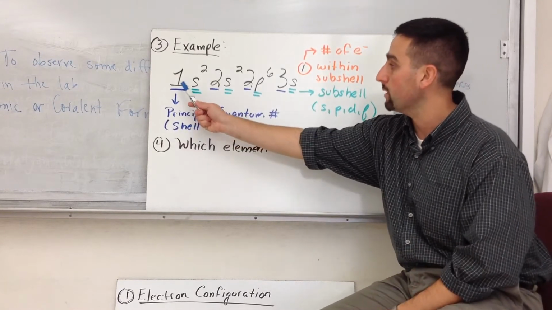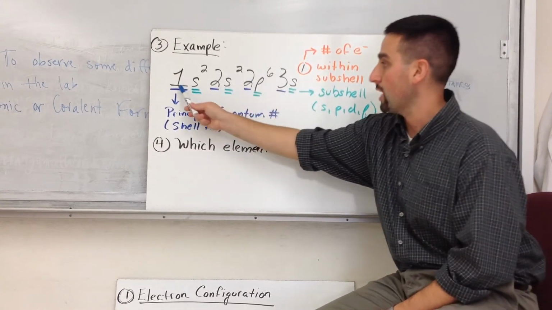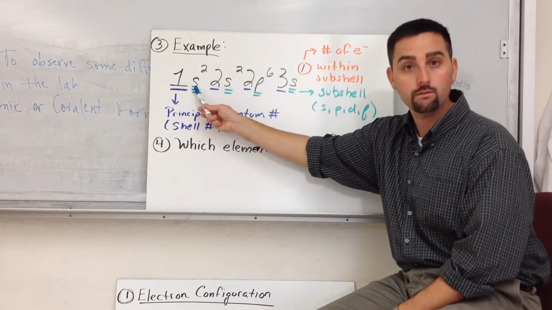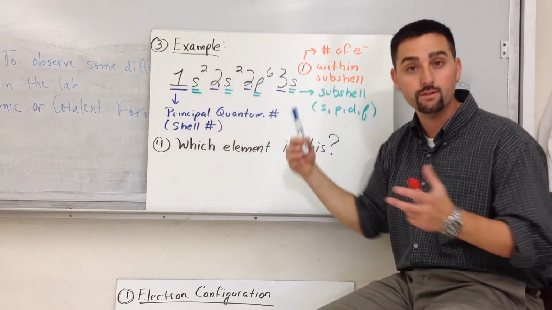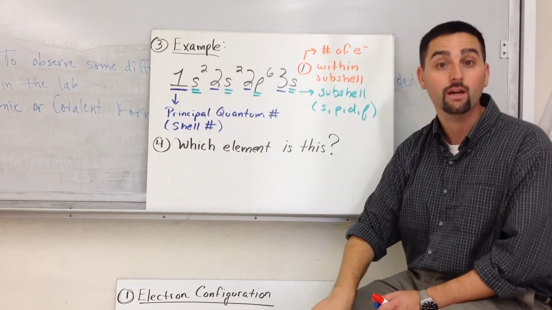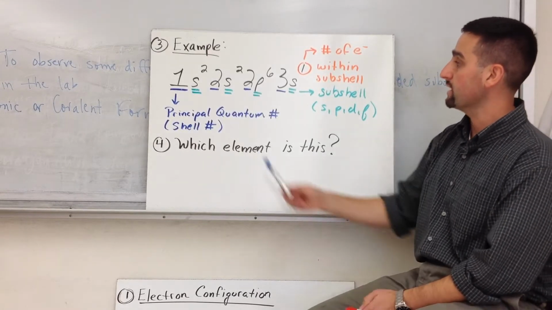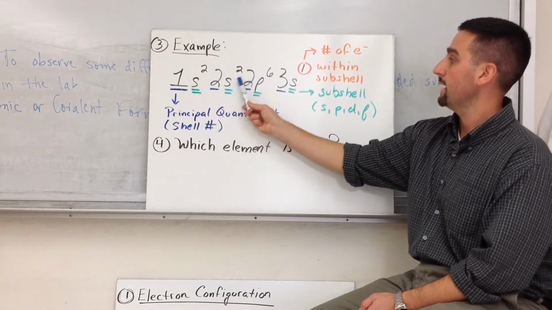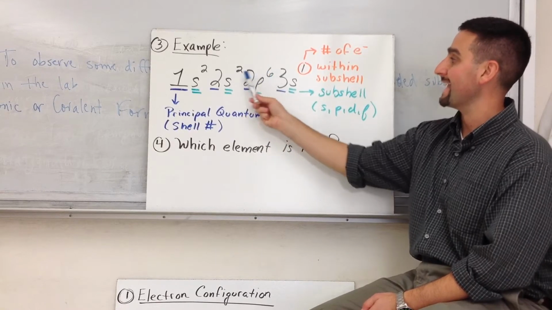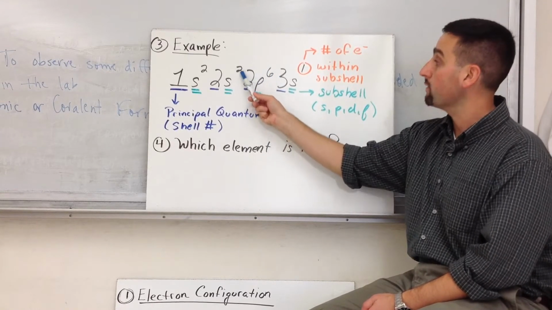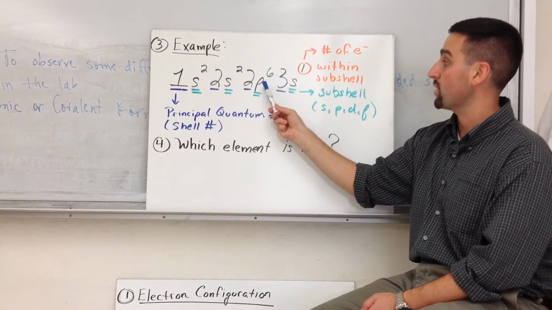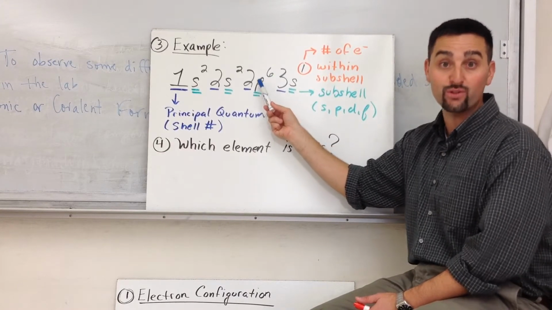So this would be your book, chapter 1, sentence 1, and so on. It's almost like a drop-down menu on a computer screen. For example, the second shell has 2 plus 6 is 8 electrons. And of those 8 electrons, 6 of the electrons are in the p subshell, which is in the second shell.